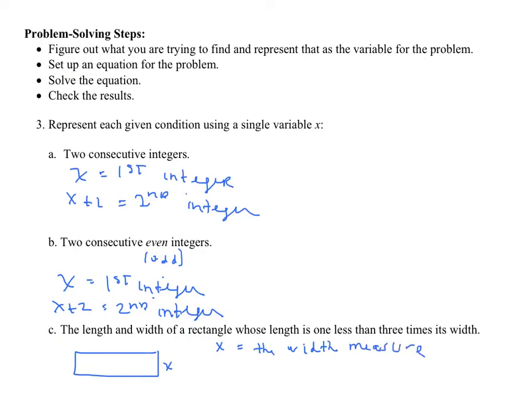I write measure because it's the measure of the width. And the length is 1 less than, so I'm going to do minus 1, 3 times the width. So when you have less than, you stick that thing at the end. So 3x minus 1 is the length measure.